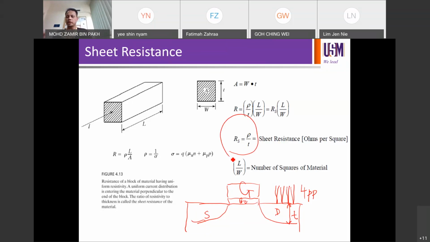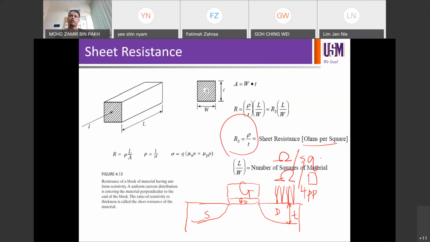So if you know the thickness and you know the resistivity, you can know your sheet resistance in terms of ohm per square. Normally we write it like this: ohm per square, or in some conditions we also write ohm per square box, right?